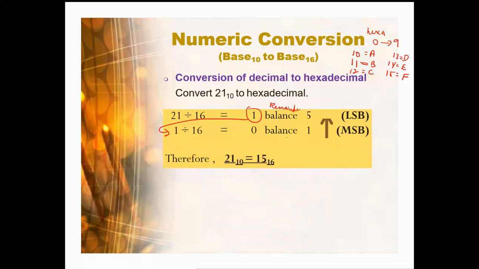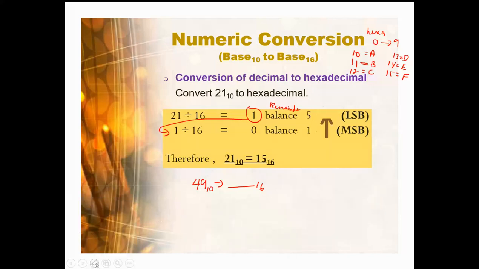Same goes when you have 49, for example. I give you another example. 49 base 10, you want to convert into base 16. Okay, kita padam sekejap.